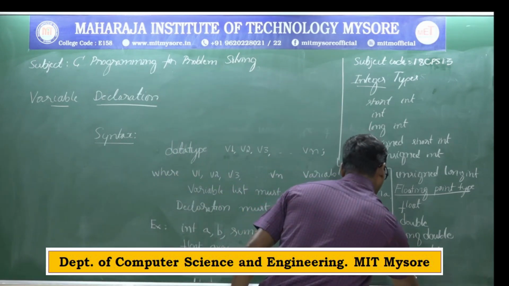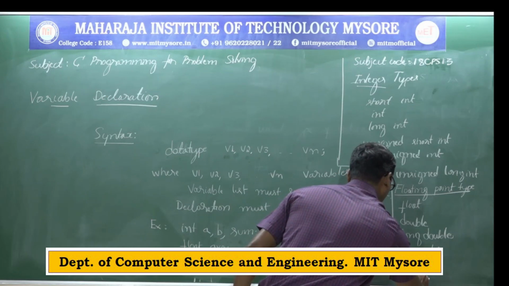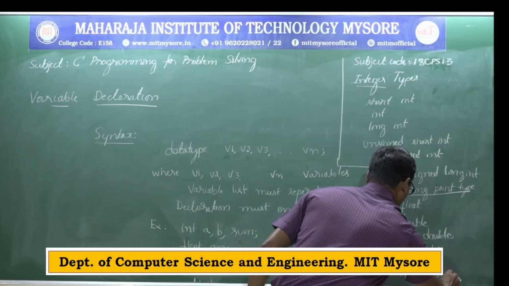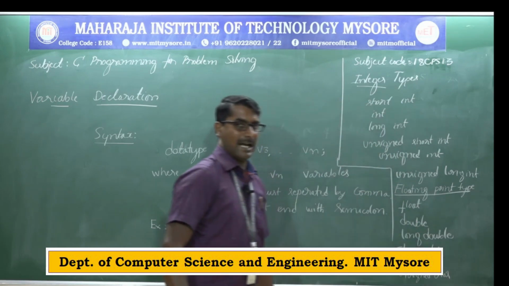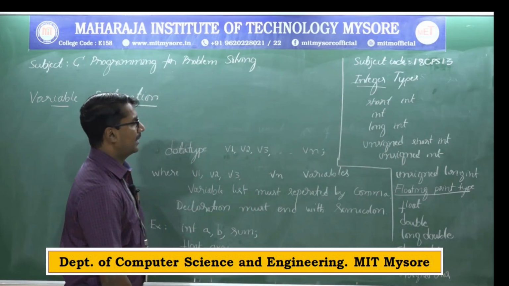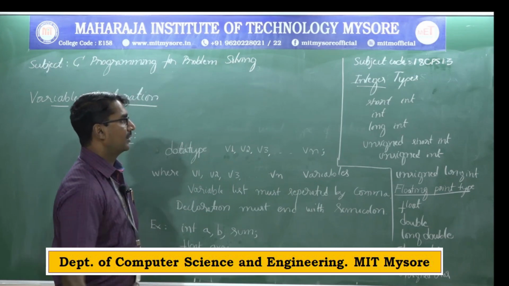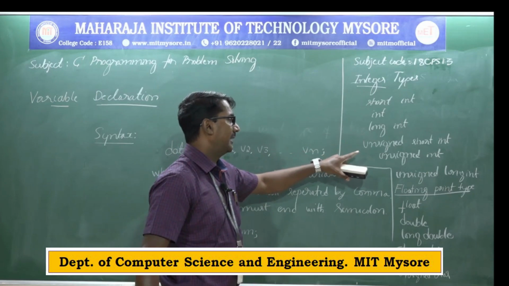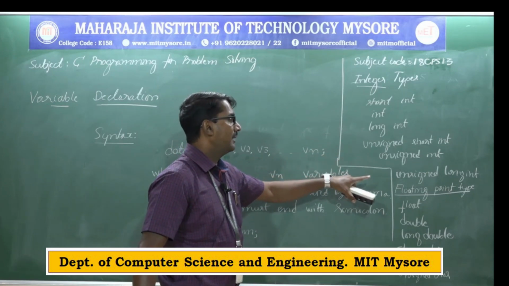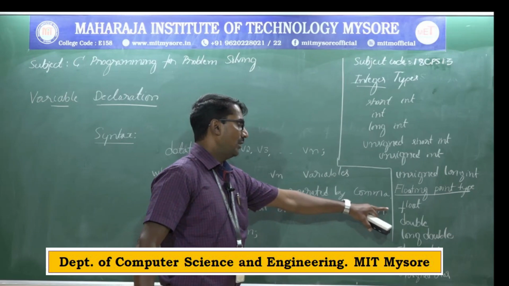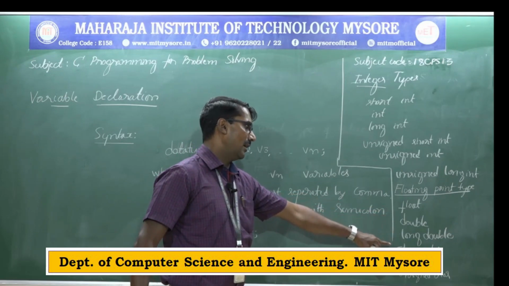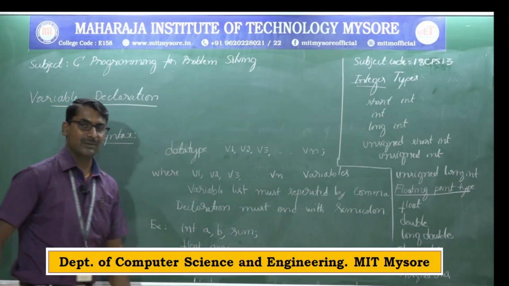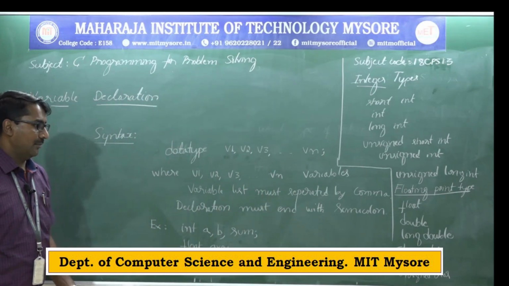Here also unsigned char. Okay, these are the data types we use for declaring the variables. So integer data types: short int, long int, unsigned short int, unsigned long int; float, double, long double, char and unsigned char. These are the keywords we use for declaring the variable.